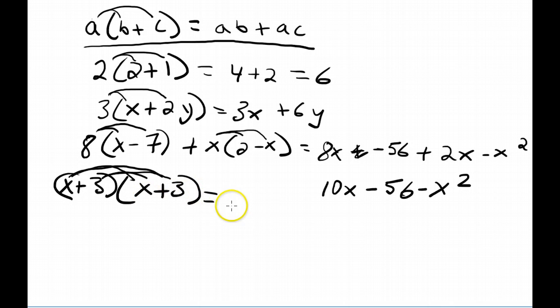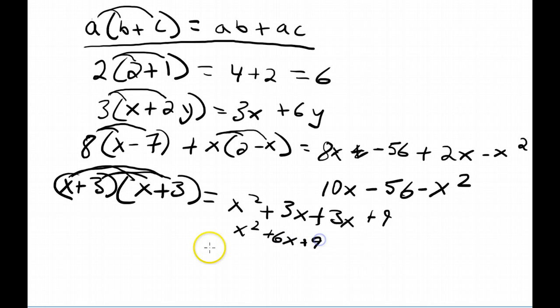So the first term is going to give us x squared, then plus 3x plus 3x again, and plus 9. Now we can simplify this, of course, to 6x plus 9.